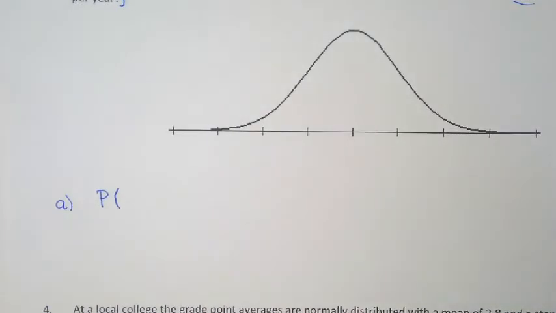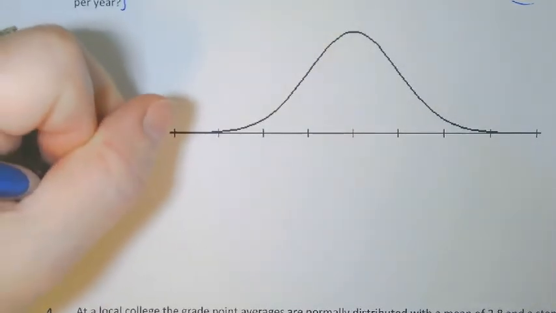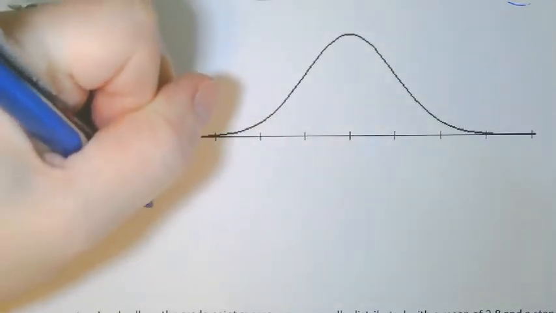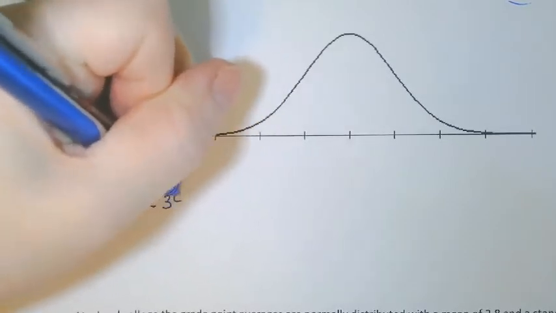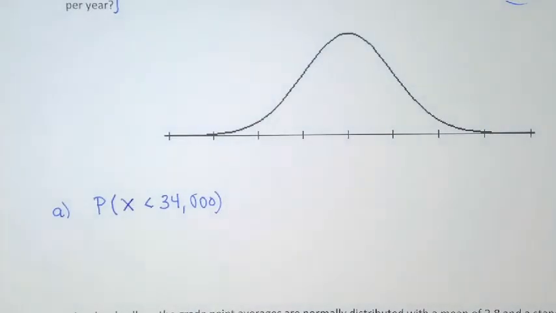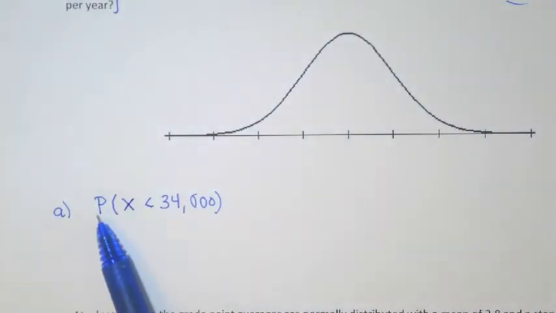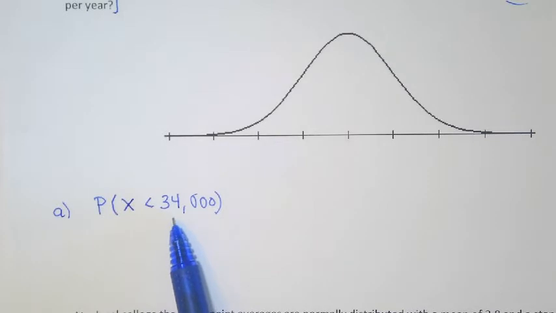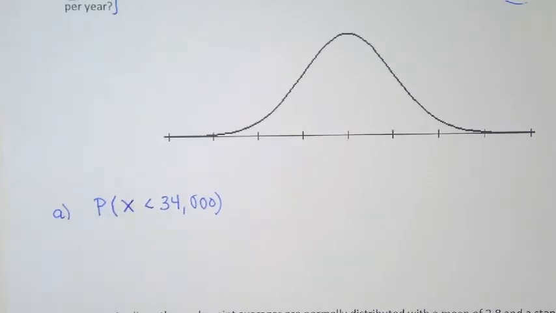In this case, we're looking for the probability that we get a value for our random variable x that is less than 34,000. So that's what we're looking for. What's the probability that a random worker earns less than $34,000 per year?